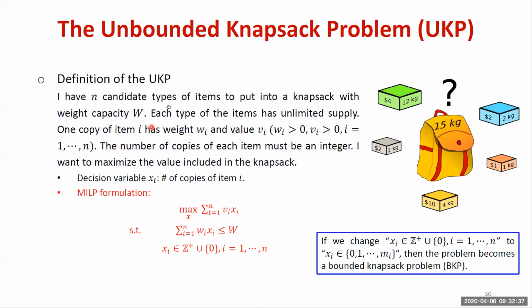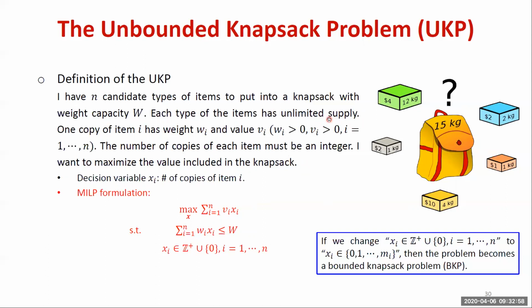I have n candidate types of items to put into a knapsack. The knapsack has a weight capacity, capital W, and each type of item has a value and unlimited supply.